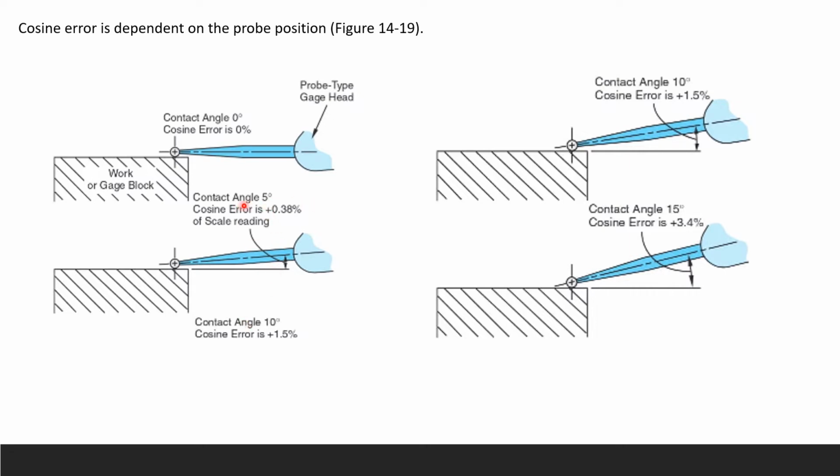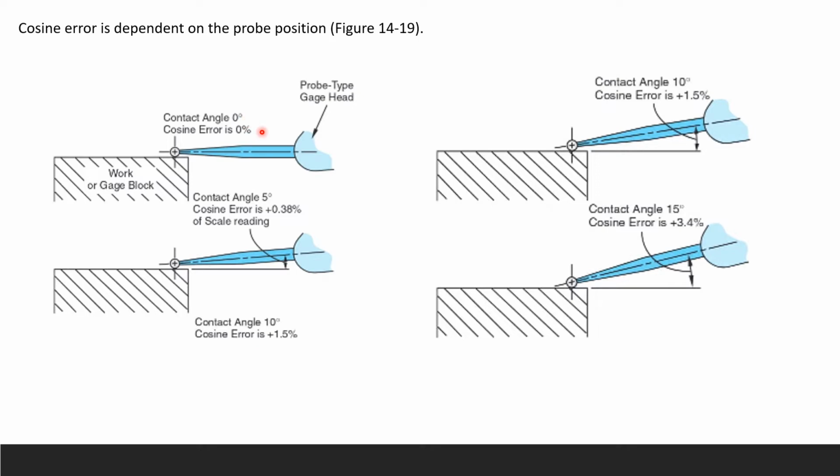So now we're going to start to see cosine error is plus 0.38%. Okay, that just depends on your scale. Contact angle 10 degrees, cosine error is going to be plus 1.5%. Contact angle going up to 15, cosine error plus 3.4%.